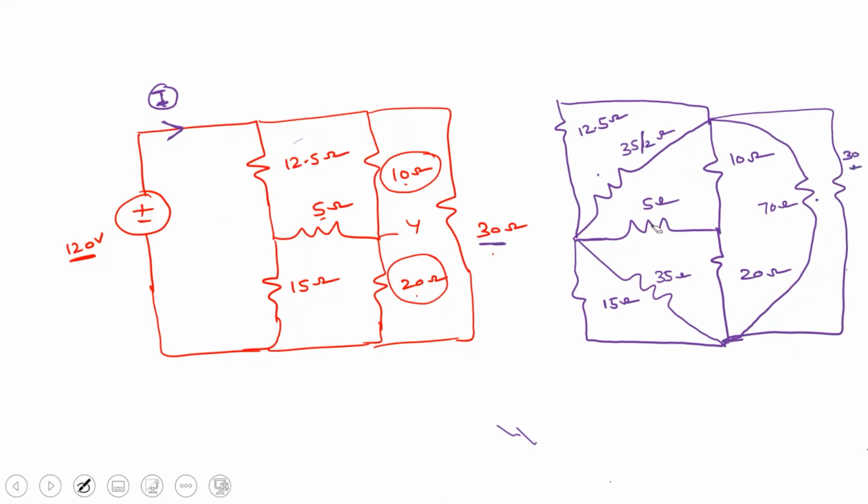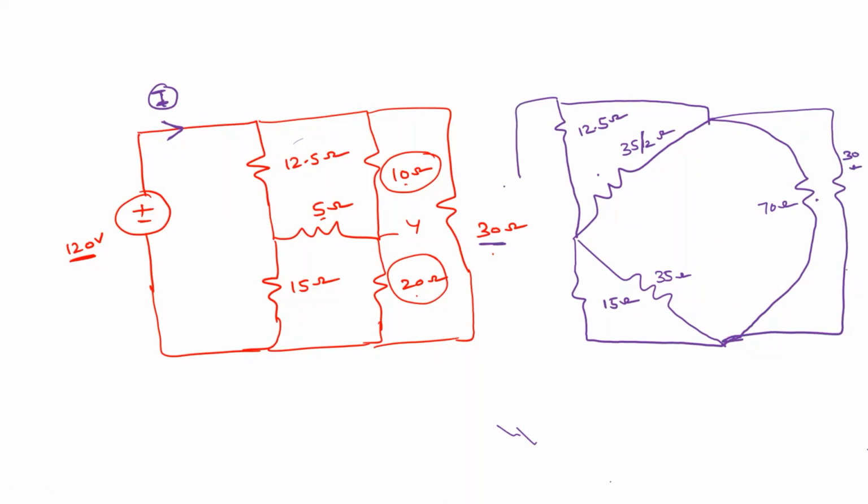So now you can remove these star terms. Agree? So we have the source here. So this is the circuit, right? Yes, sir.